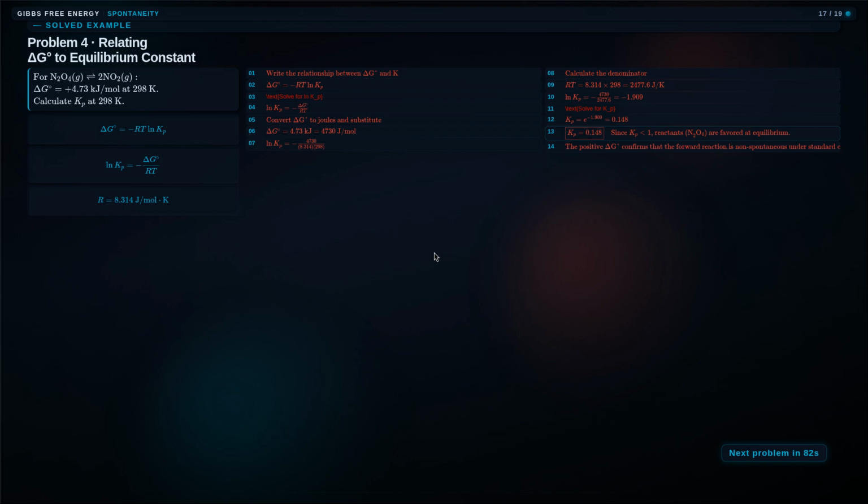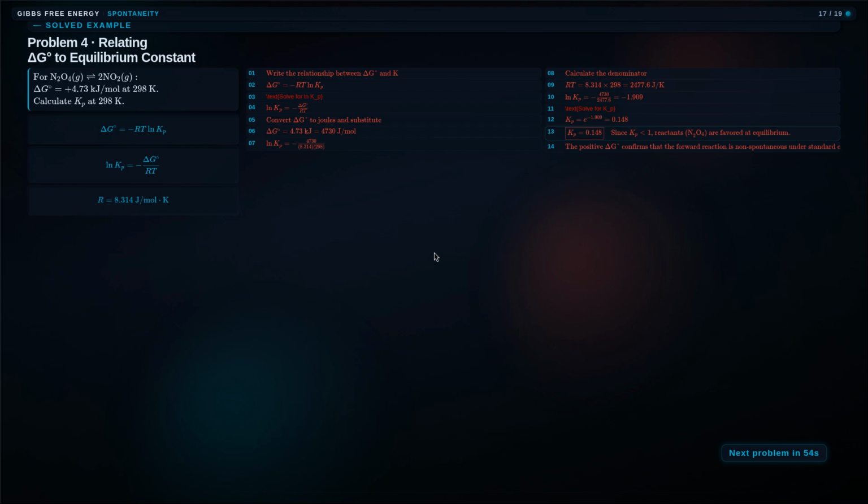Step 3. Convert to joules and substitute. Delta G naught equals 4,730 joules. RT equals 8.314 times 298 equals 2,477.6. ln Kp equals negative 4,730 divided by 2,477.6 equals negative 1.909.